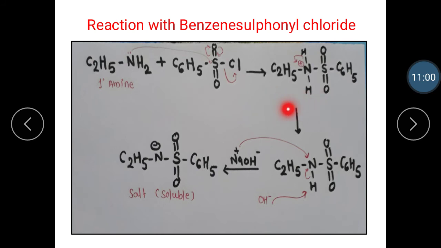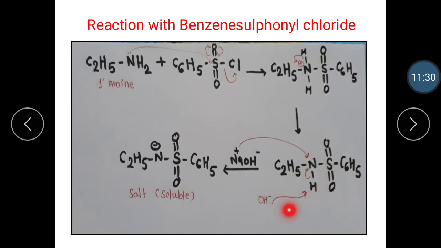The new structure formed is C2H5NH2 combined with the sulfur, with its oxygen double bonds and C6H5. On nitrogen there is a plus charge. This nitrogen is more electronegative, so it takes its electron from this hydrogen. After that a new structure is formed. Then again this nitrogen is more electronegative, so it takes its electron from this hydrogen.